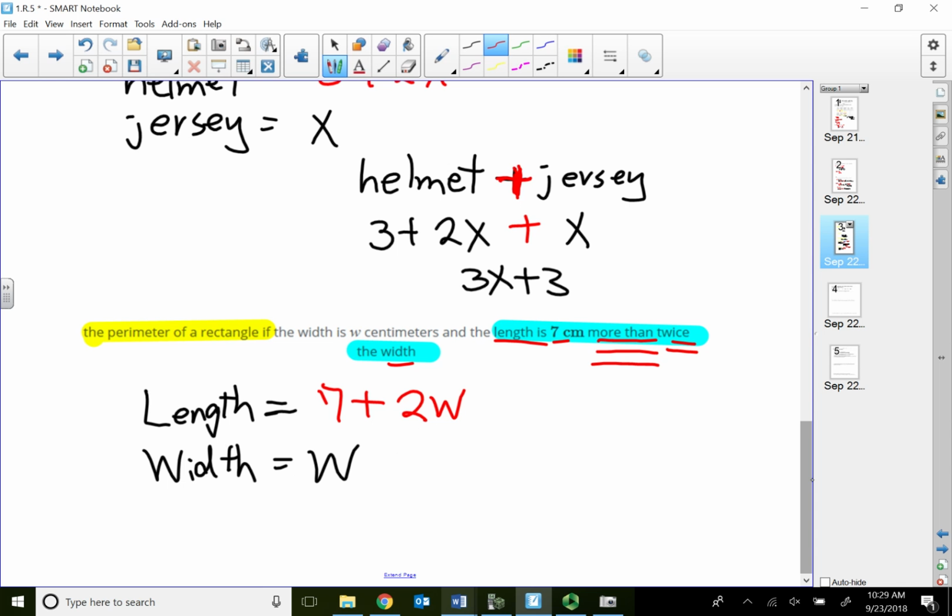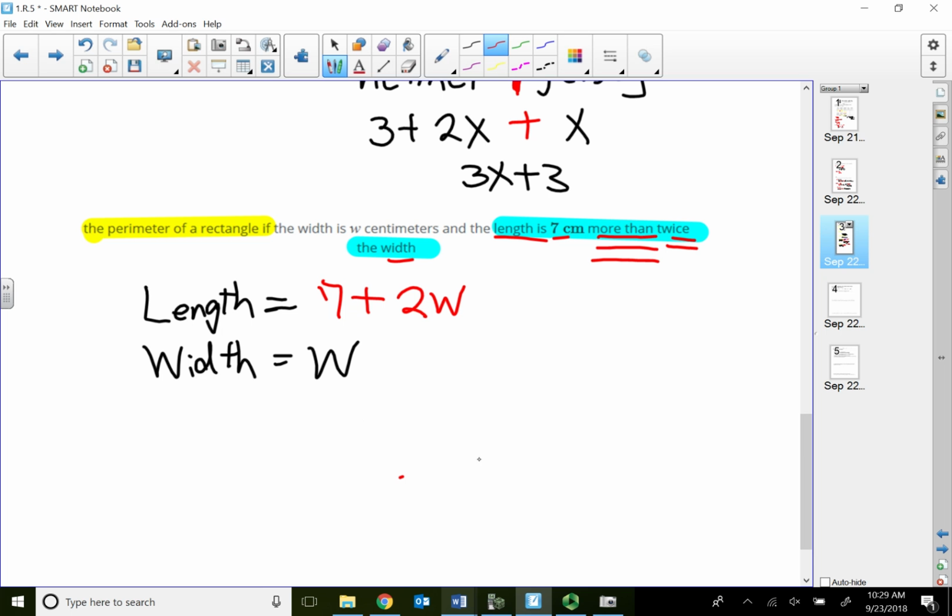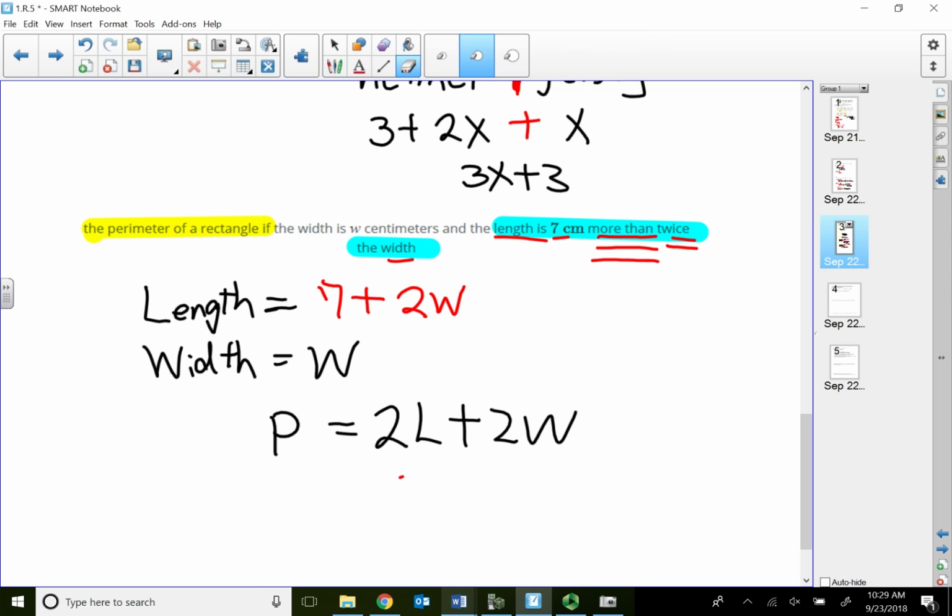Now, how do I write my expression out? Well, my expression needs to represent the perimeter of a rectangle. As you can recall, the perimeter of a rectangle is P equals 2L plus 2W. If the problem tells me what P is, then I end up with an equation.